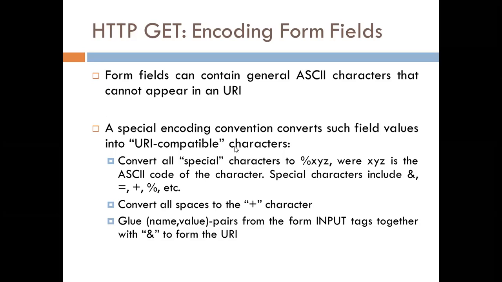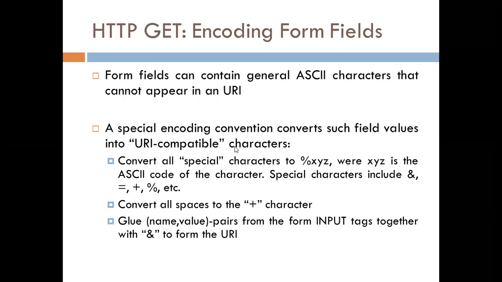For example, space cannot be specified in a URI. So in order to specify these, special encoding conventions are used to convert field values that are not URI compatible. Space is not URI compatible.